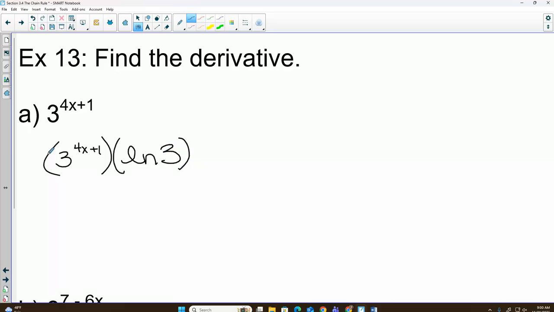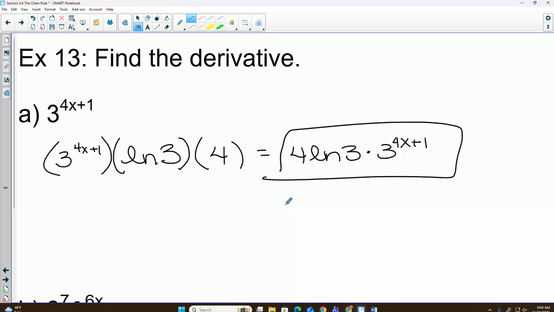That's the derivative of the outside, times, what's the derivative of the inside? The derivative of the exponent? Just 4. Really not much you can do here. You can reorder things if you wanted, but it's all equivalent. So it's just 4 natural log of 3 times 3 to the 4x plus 1.